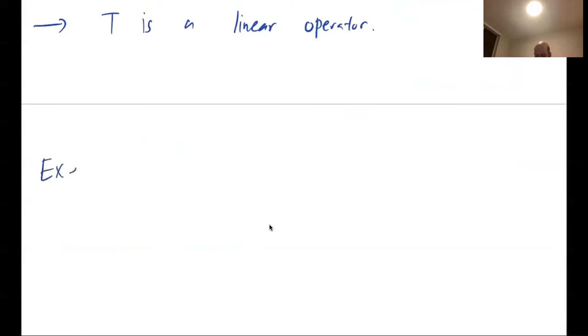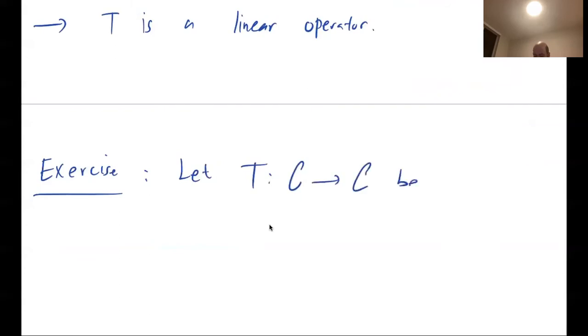Now, in a similar example, which I can leave as an exercise, let T from C2 to C2 be defined as follows.